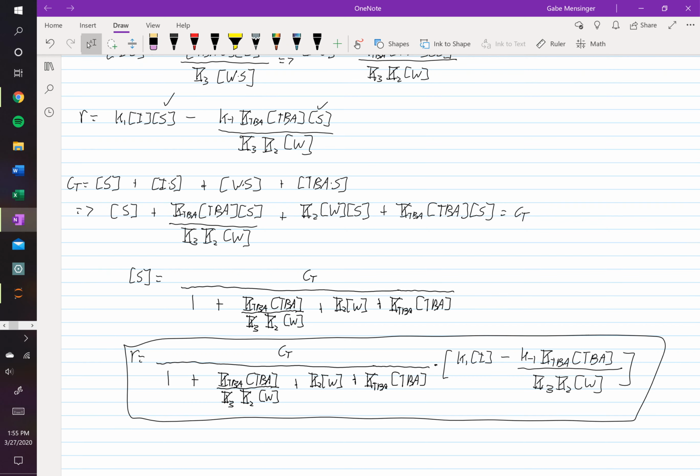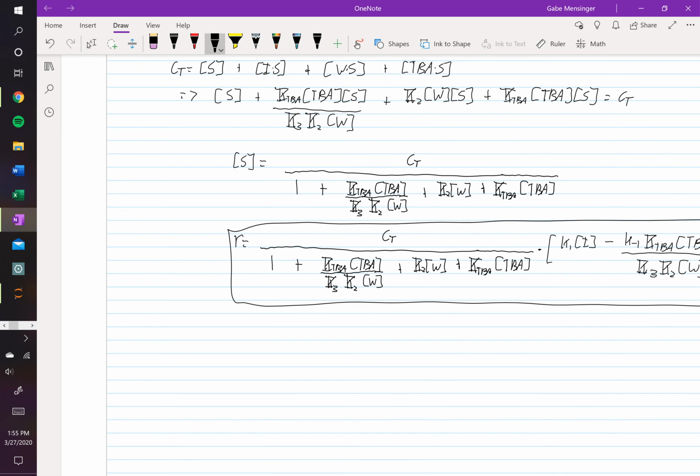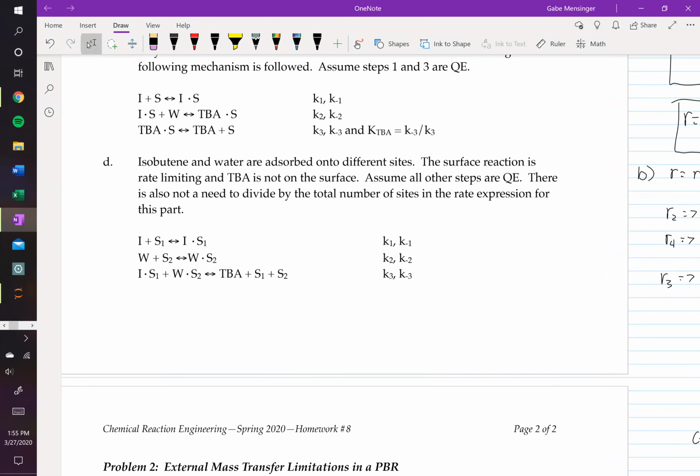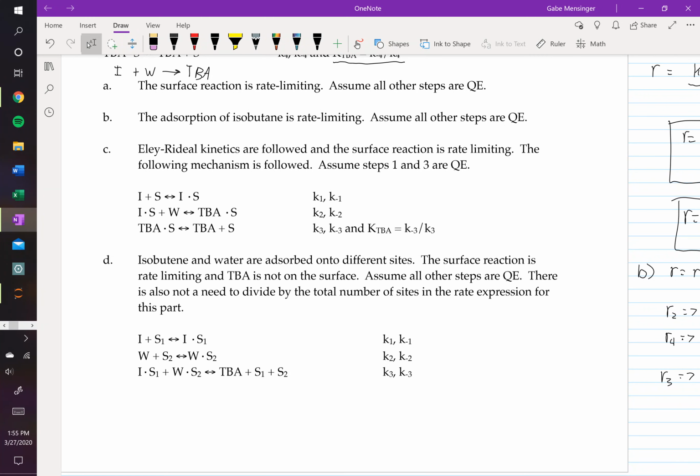All right, so moving on to part C. Those are no questions. So part C, we are given the same reaction, but we are now following a new set of kinetics. So we are now dealing with a much smaller reaction where our W doesn't need to be bonded to the catalyst in order for it to react.